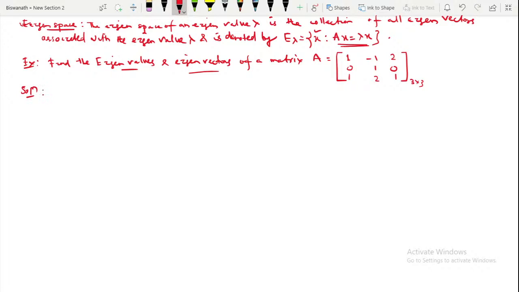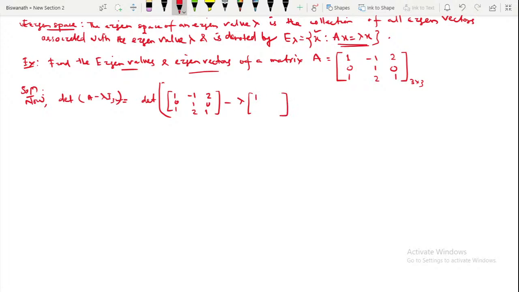So first calculate the determinant of A minus lambda I3, where I3 stands for the identity matrix of order 3.